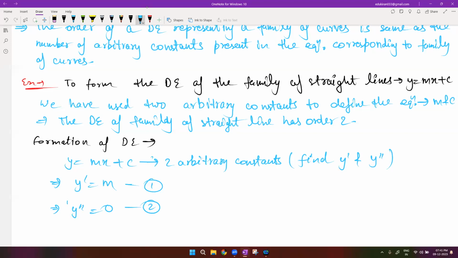In this case, you can see that y double dash is equal to 0. This is a differential equation which is representing the family of straight lines. Y double dash is equal to 0. This is the required differential equation, because we are neither using m nor c to represent it.